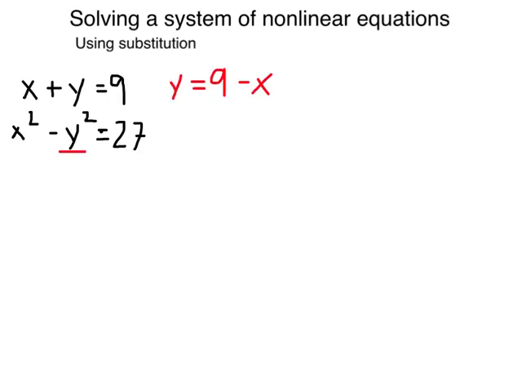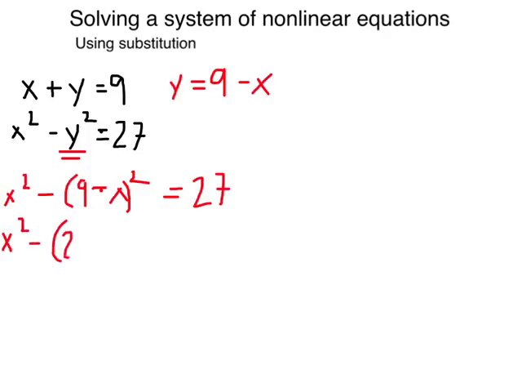So since this is what y equals, I'm going to plug it in here and I get x squared minus (9 minus x) squared equals 27. I want to FOIL this through so we get 81 minus 18x plus x squared equals 27.